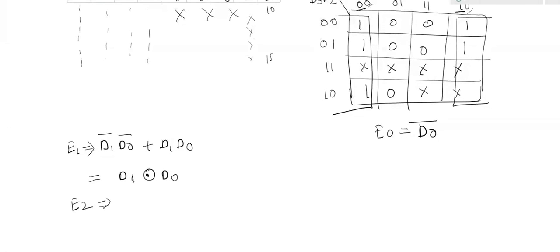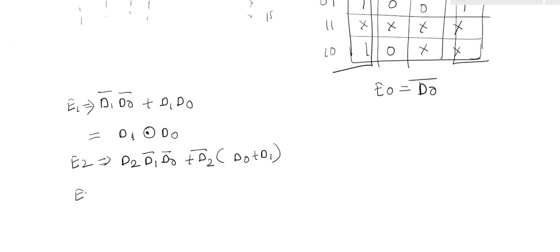E2 is D2 D1 bar D0 bar plus D2 bar D0 plus D2 bar D1, and E3 is D3 plus D2 D0 plus D2 D1.